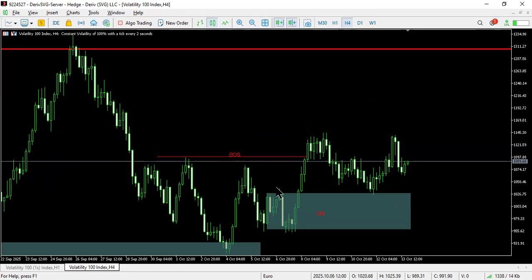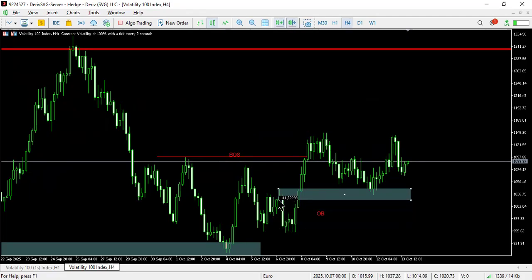So that is the break of structure, and then that is the order block which caused the break of structure, where price is currently pushing from. So price is pushing from this order block and we are pushing to the upside.